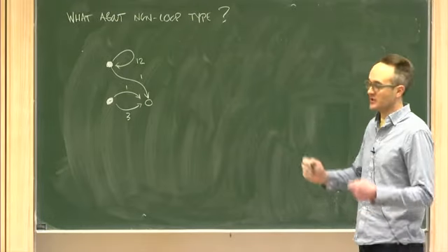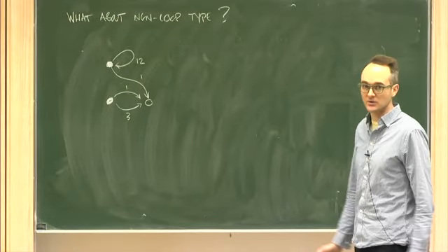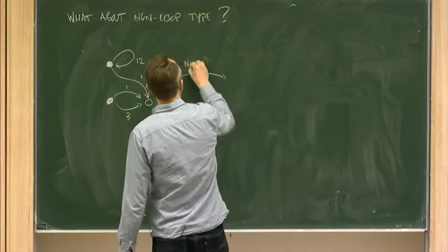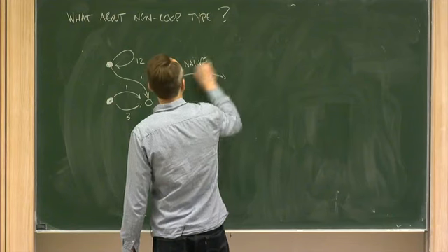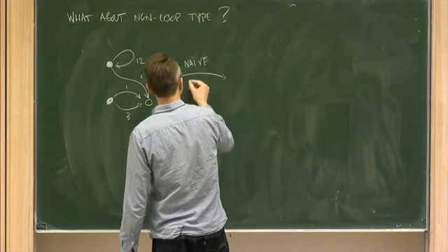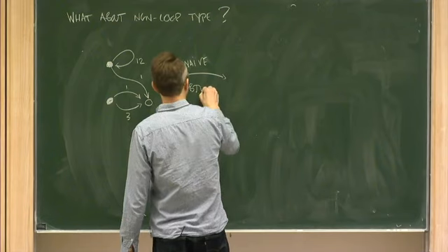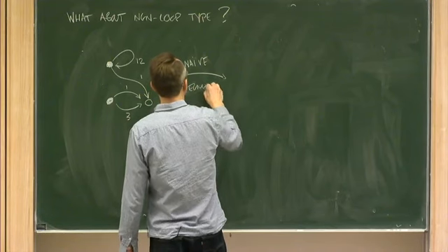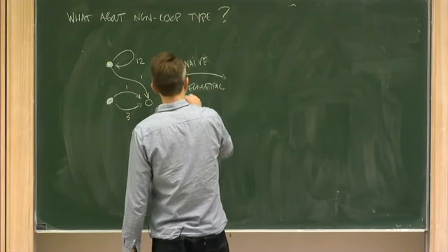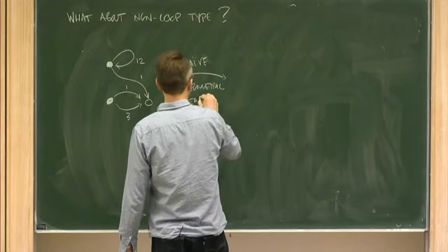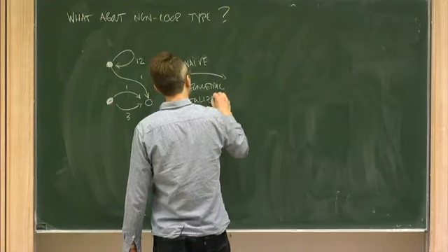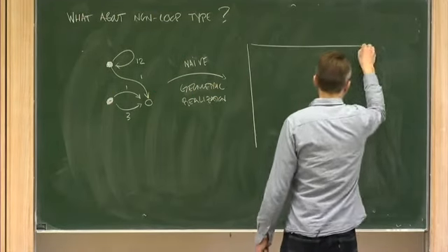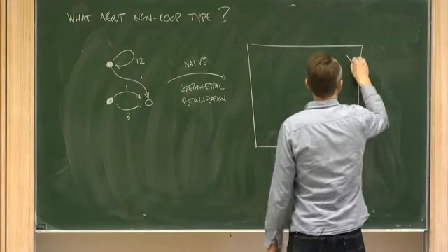I want to now just try to naively construct an object in the torus. That's the first thing I'm going to do. So here's the naive geometric realization of this graph. Same deal.